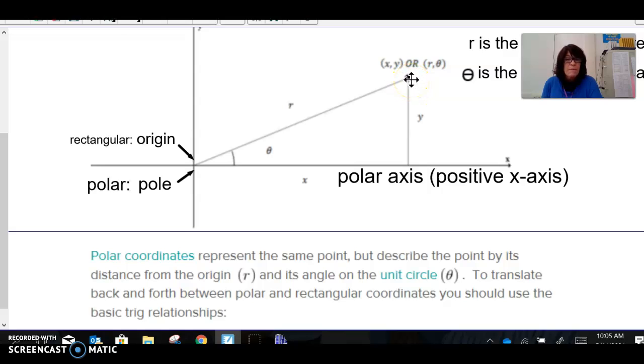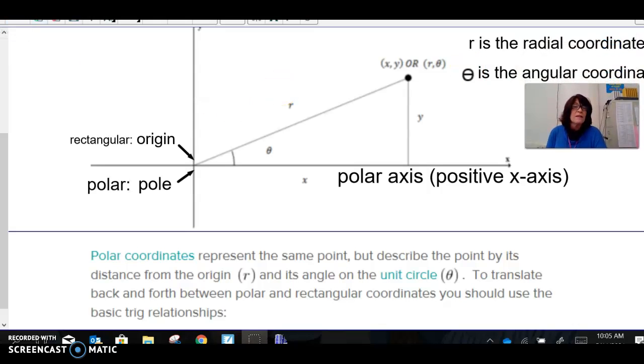To translate back and forth, we use the trig that we're already familiar with. R is sometimes called the radial coordinate, and theta is called the angular coordinate. I doubt we're going to use that vocabulary a lot, but I felt like I needed to put it there.